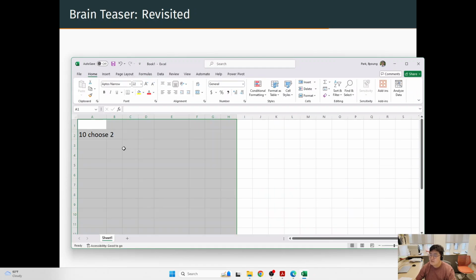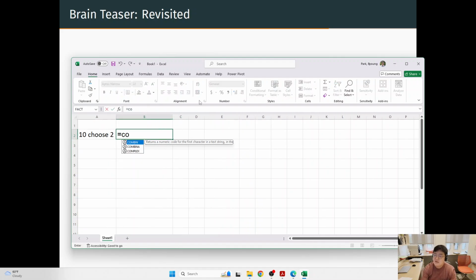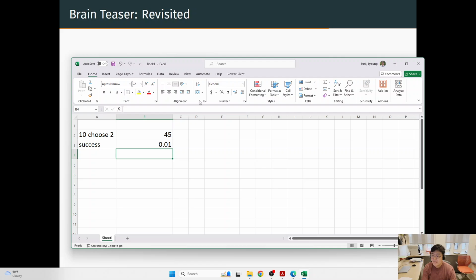It would be better to have a bigger font. It is 10 choose 2. This is how we calculate. And the success probability happens, say, 0.1 to the exponent of 2, right?